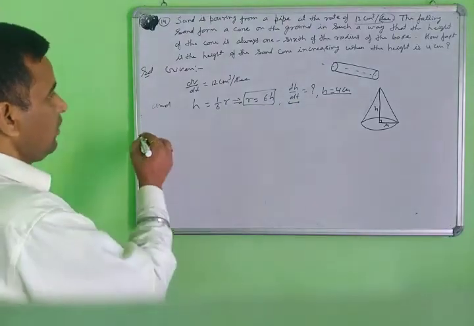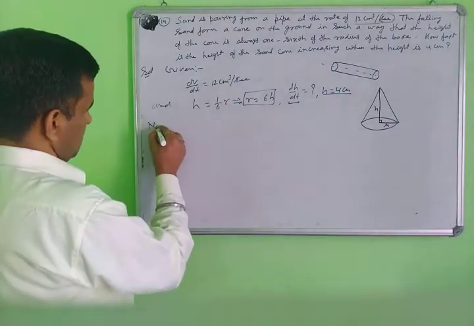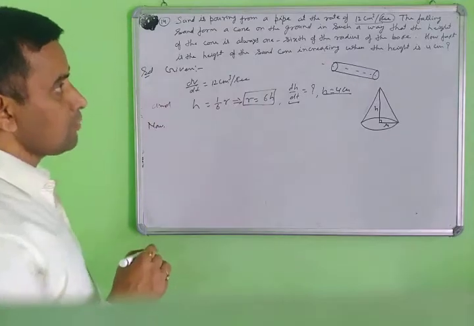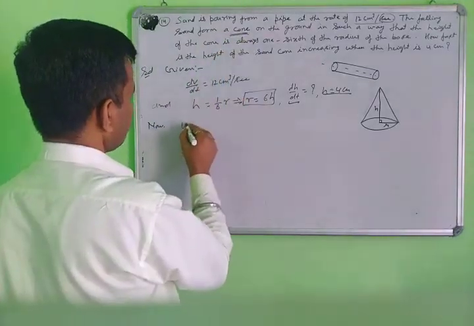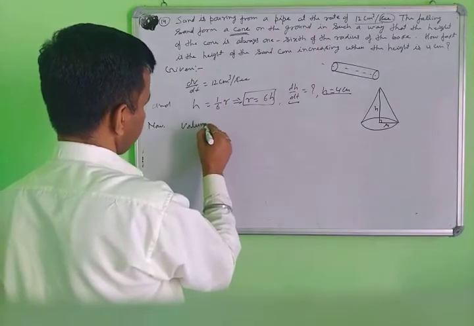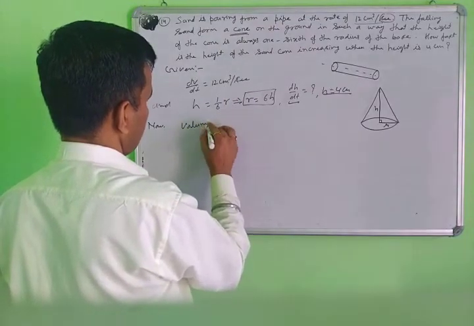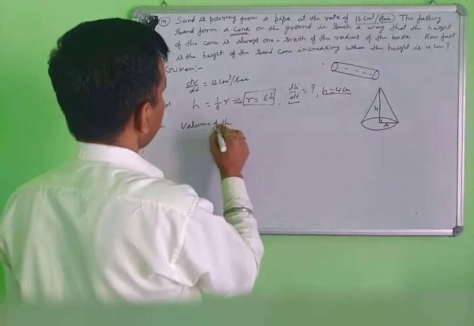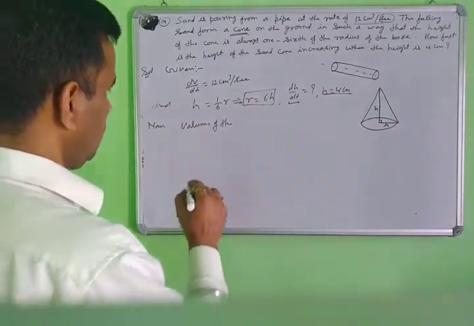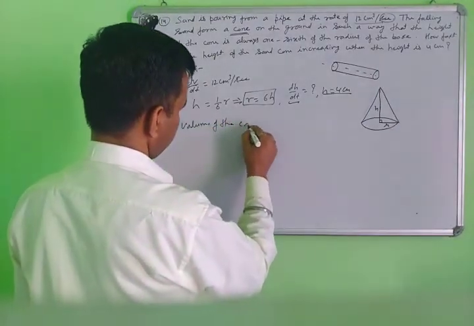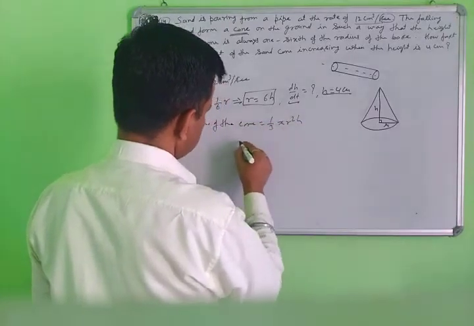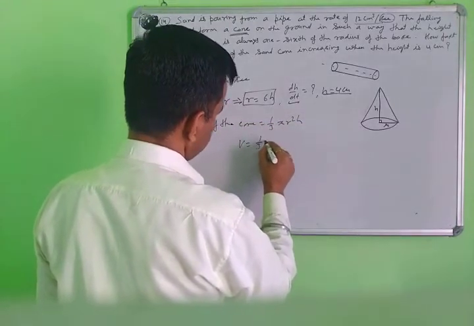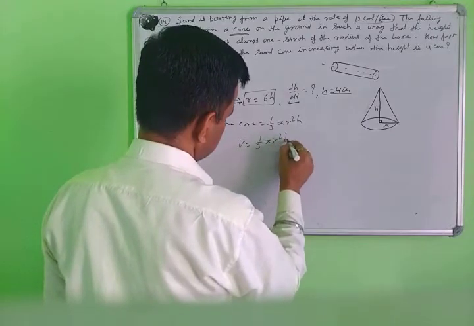So now, the volume of the cone. The volume of the cone equals 1 by 3 pi r square h, means V equals 1 by 3 pi r square h.